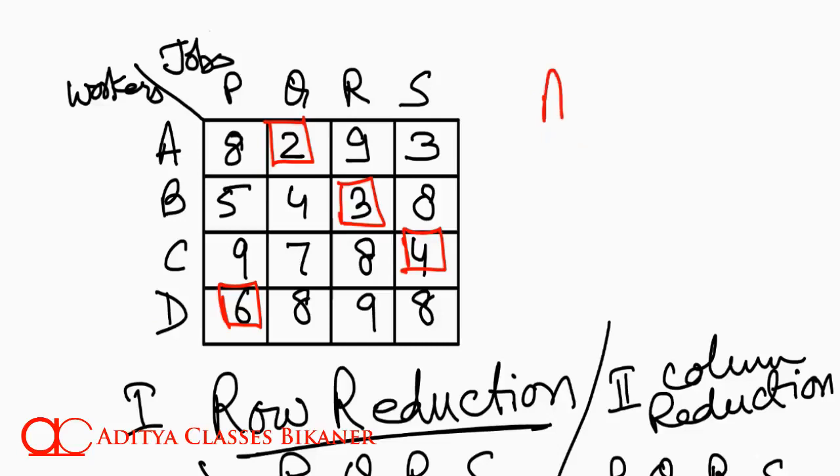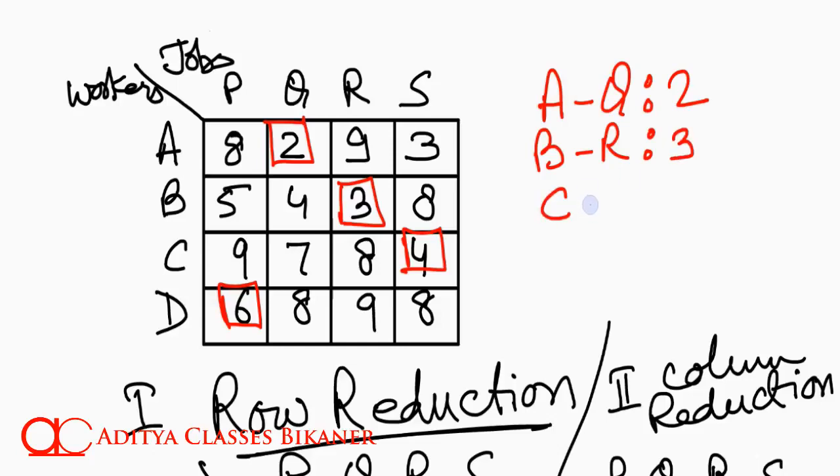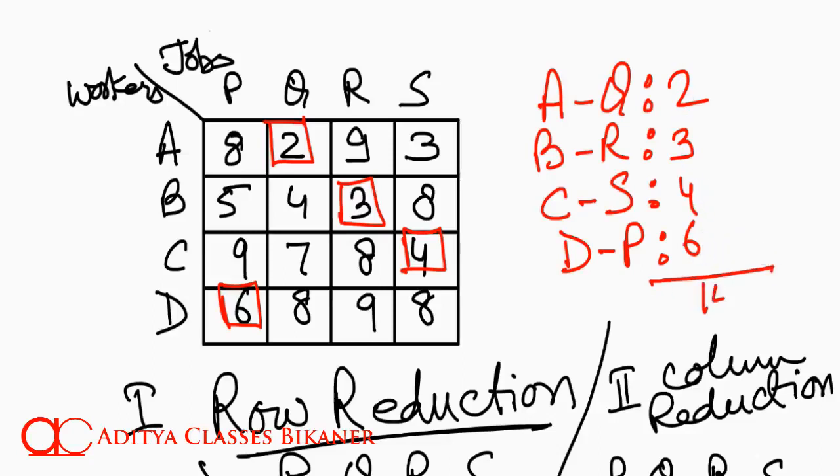What have we done? We have assigned A to Q, and it is consuming 2 minutes. B to R, it is taking 3 minutes. C to S, it is taking 4 minutes. And D to P, it is taking 6 minutes. So I can complete all these tasks in 15 minutes.